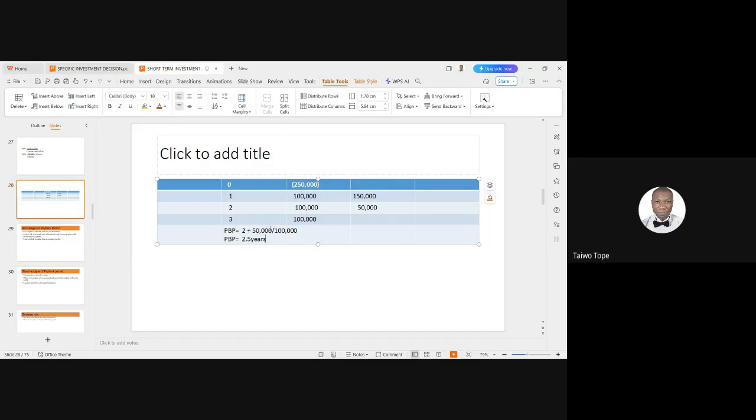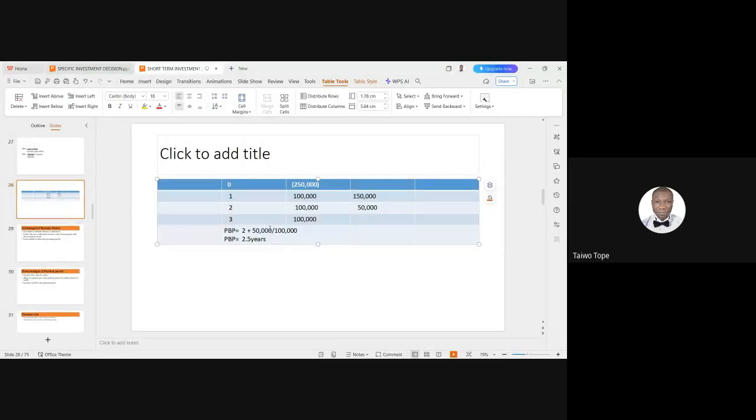So we are not looking at the fourth year. That is one of the disadvantages of this method. It does not consider the whole relevant years. If you follow the discussion on NPV and IRR, one of the advantages is that they consider the whole useful life of the asset.